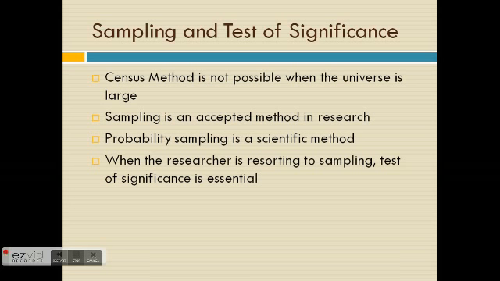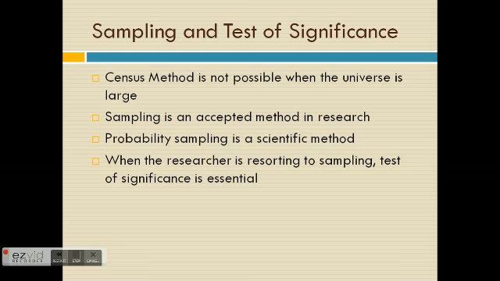The test of significance is a usual thing, especially in social science research. The person doing research analyzes the data collected, tries to get the actual result, and compares it with the population, or wants to generalize for the population.